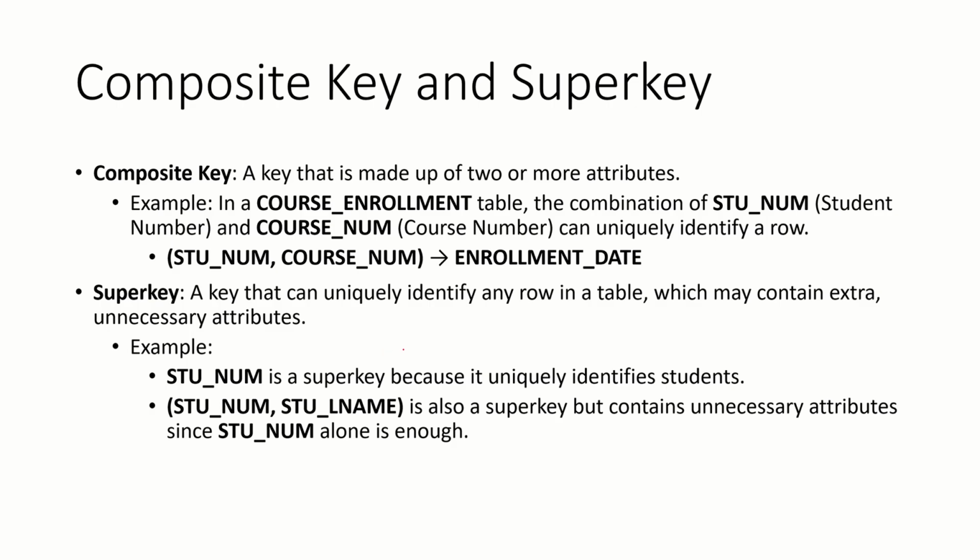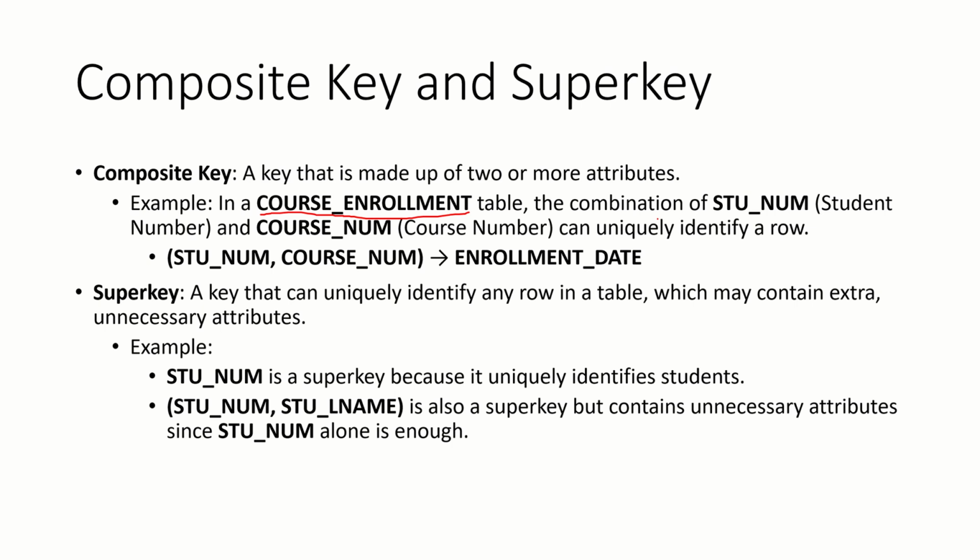So first is the composite key and the super key. A composite key means this key is made up of more than one attribute. That means they have two or more attributes. For example, we have a course enrollment table.